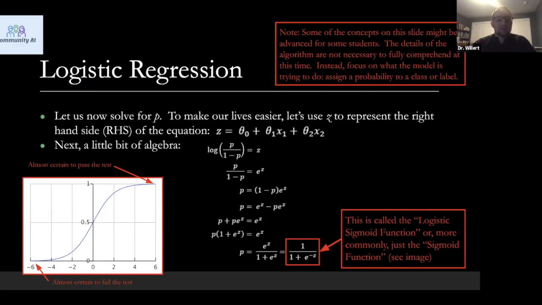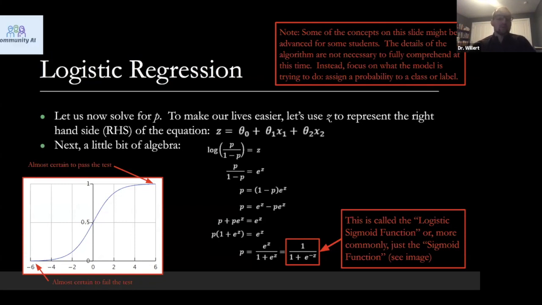So I've plotted the sigmoid function here on the left, and you can see what it looks like when the input to the sigmoid function is a big negative number. The sigmoid is very close to 0. And when it's a very large positive number, it's very close to 1.